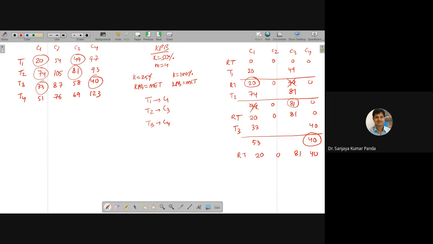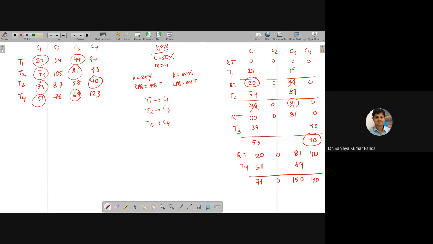Right? Now when you come to T4, T4 can be assigned to 51 and 69. These are the 2 best machines among all the 4 machines. So it is 51 here, 69 here. If you sum it, it is coming as 71, and this is 0, and this one you will get, I think, 150.